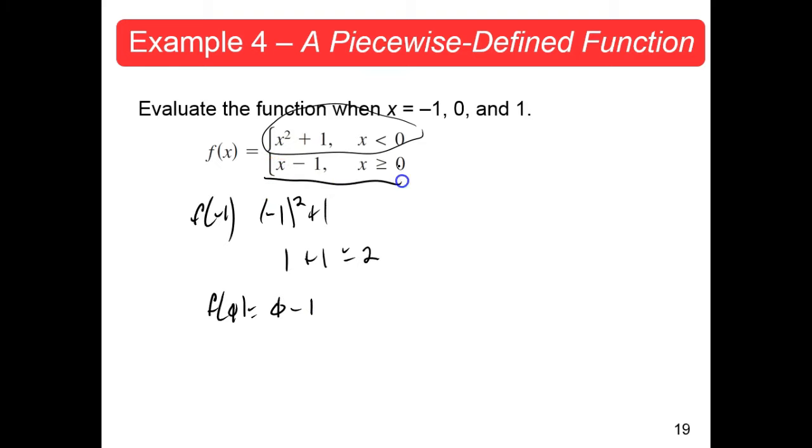We use the second one here because that's where the 0 is. Okay? And that would be what? -1. Perfect. And then how about 1? Where's that one? Second one again. So f of 1 would be 1 minus 1, which is 0. All right, we did it. Not too hard either, was it?